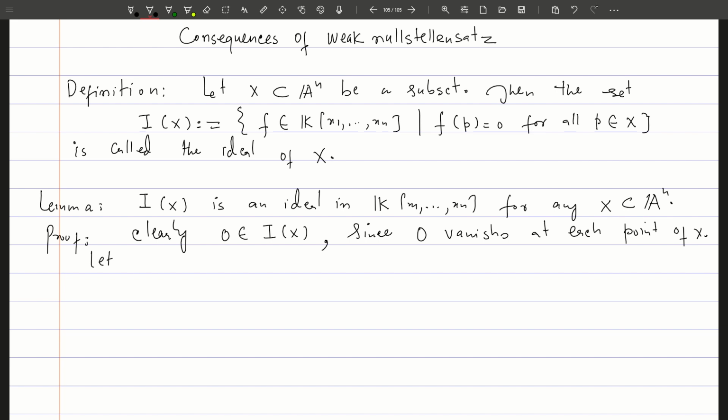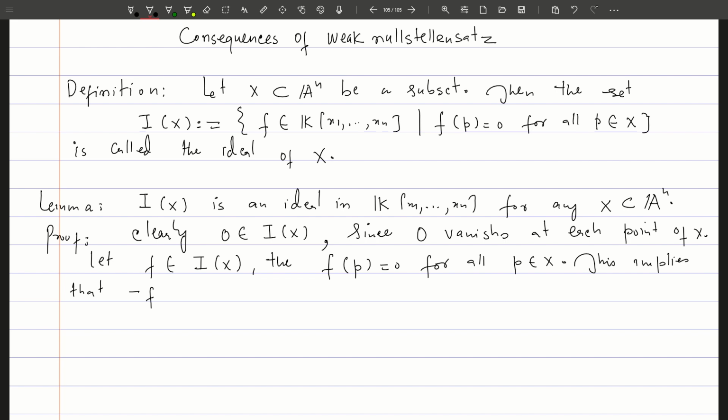So let f be in I(X), then f(p) is 0 for all p in X. So this would imply that minus f(p) is also 0 for all p in X. So hence minus f is also in I(X).